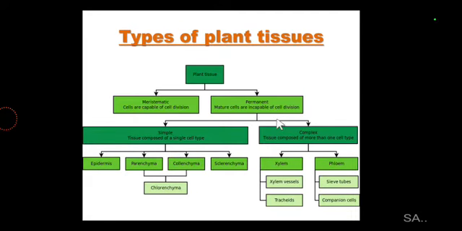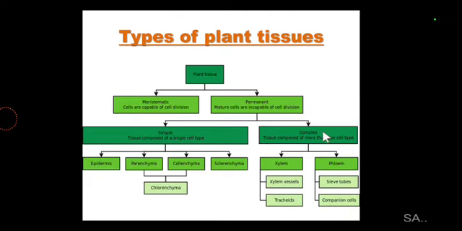If you look at the further division of these permanent tissues, then they are simple and complex or compound permanent tissues. The first ones are simple. Simple permanent tissue, as the name suggests, is made up of a single cell type, and includes the epidermis, parenchyma, collenchyma, and sclerenchyma.